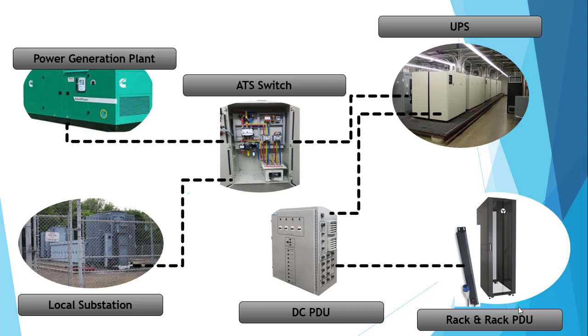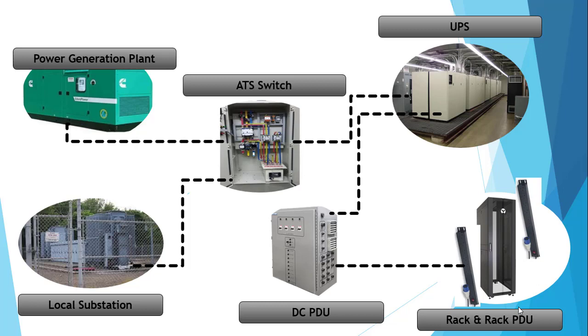Where is the server connected? The servers are connected inside the rack. The server these days generally comes with dual power supply. One power supply is connected to one rack PDU and another is connected to the secondary rack PDU.